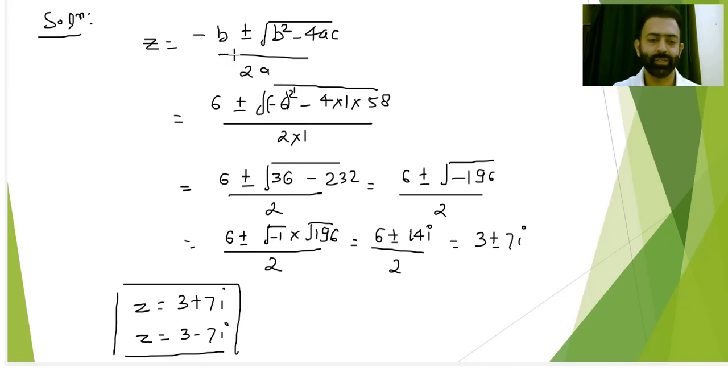So 3 plus 7i and 3 minus 7i are the two solutions of this equation. If you see here, we say that 3 is the real part and 7 is the imaginary part of the first solution, and for the second, minus 7 is the imaginary part of the second solution.